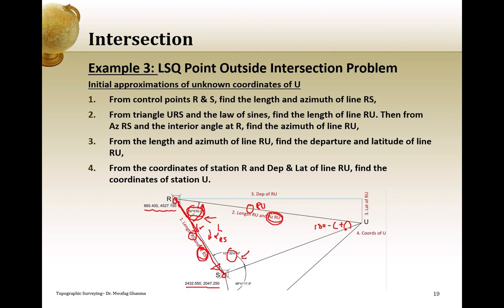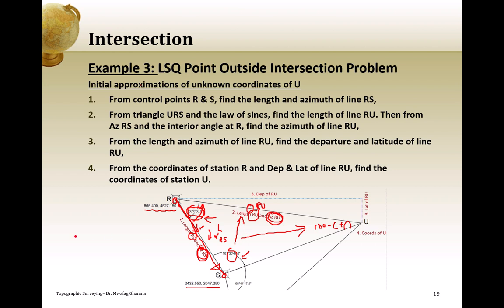So we have the length of this line and the angle opposite to it, and we have this angle and the unknown side. The length we do not know. So all we do is the sine law, the law of sines, and then we can calculate the length of RU. So for now, RU we know its length, RU we know the azimuth.